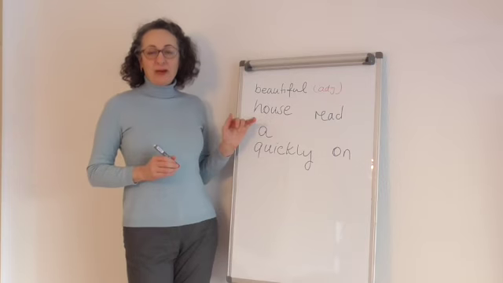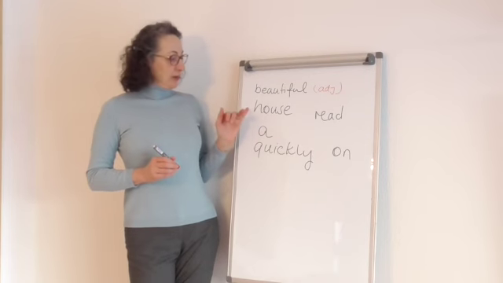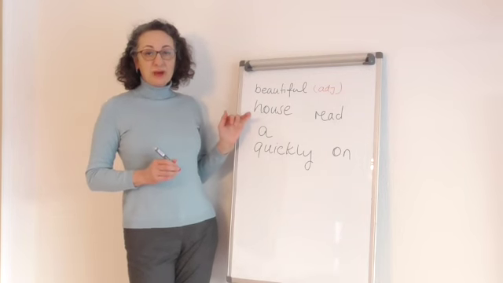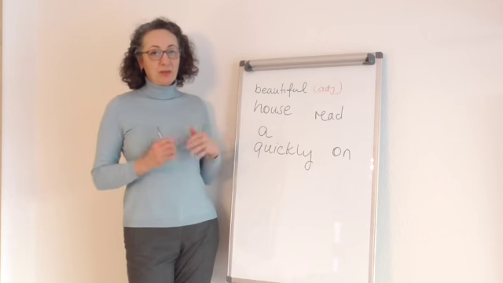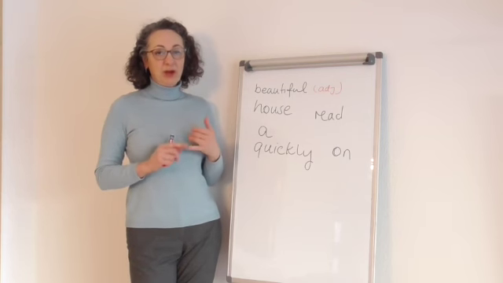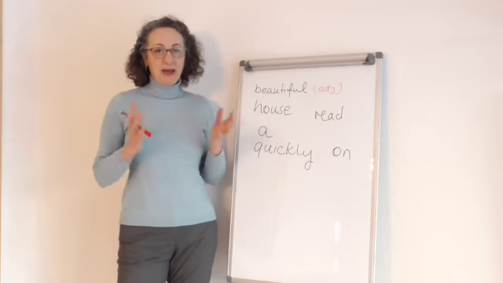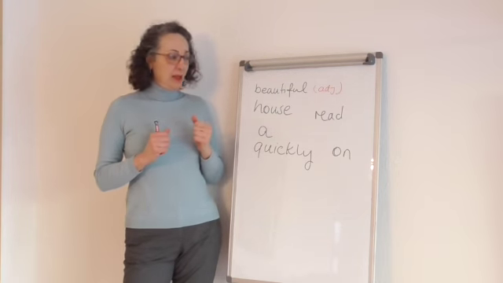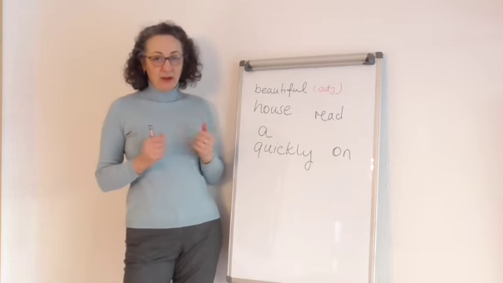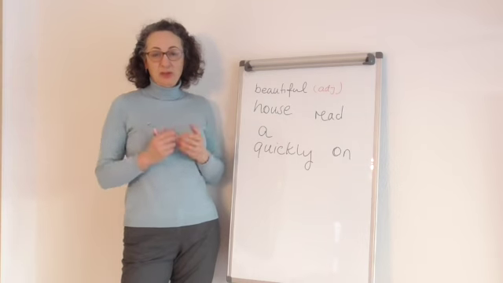Let's look at the word house. The word house refers to something. So there are many words that refer to a person, like girl, as I said before, boy, man, woman. They refer to a thing, like house, book.